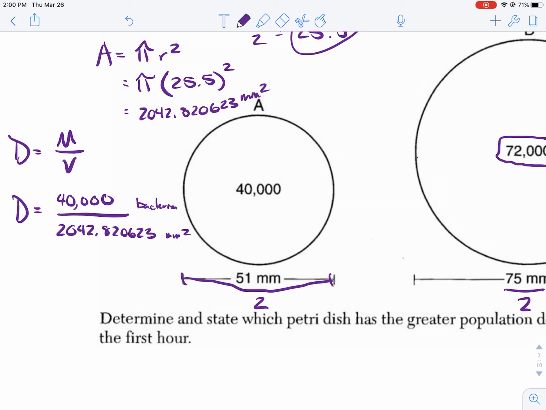So our density is 19.6, and we can't have 0.6 of a bacteria, so it's 19 bacteria per millimeter squared.